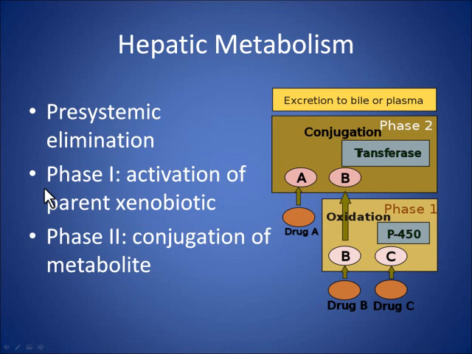The first involves an activation of the xenobiotic, usually an oxidation process. This may be followed by a second process called conjugation that adds a chemical group to the metabolite, which allows the subsequent excretion process. This complex process of xenobiotic biotransformation will be examined in greater detail starting with Module 7.